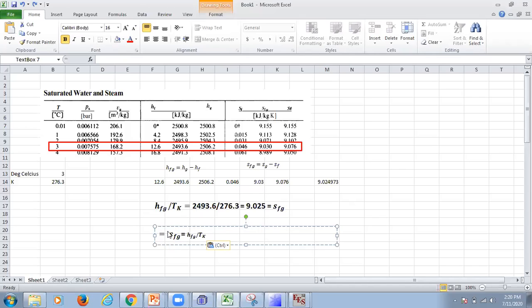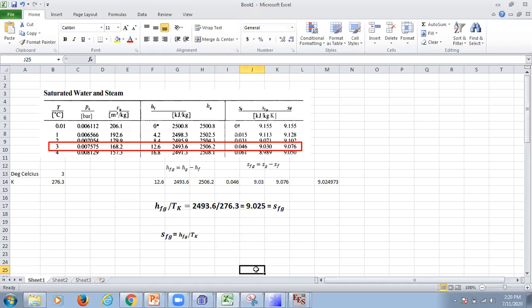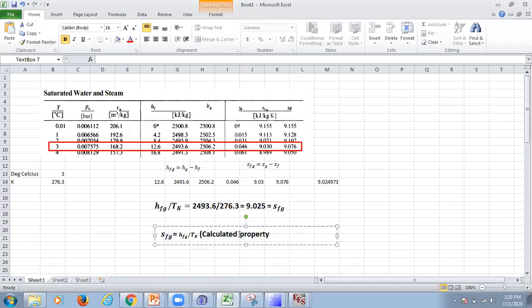So this tells sfg is a calculated property. Later we can learn what sfg means.